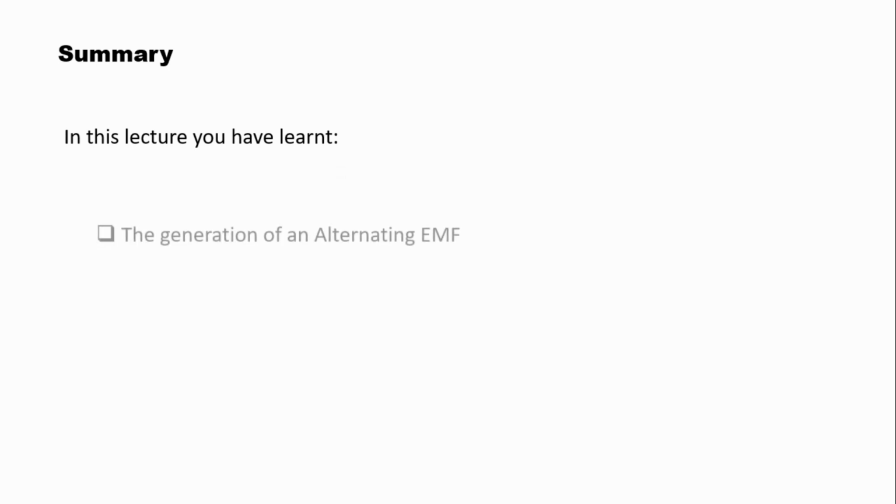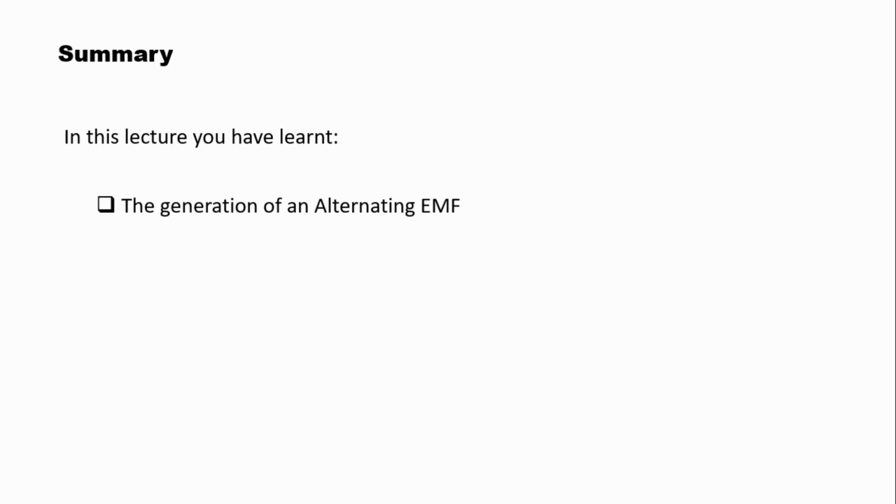In this lecture, you have learned the generation of an alternating EMF by means of a simple loop generator. We have drawn an alternating waveform with different angles: theta equal to 0 degrees, then 90, 180, 270 and 360 degrees.